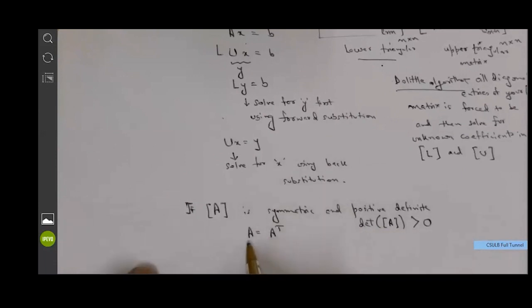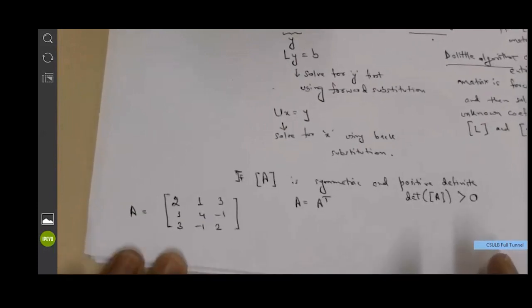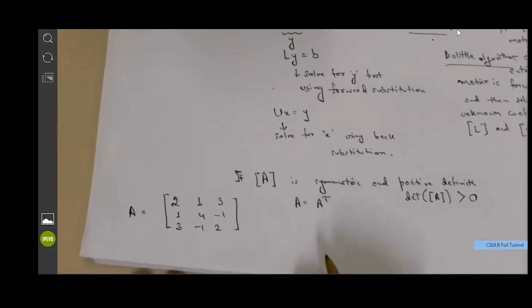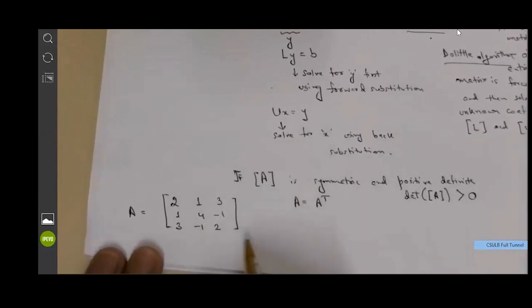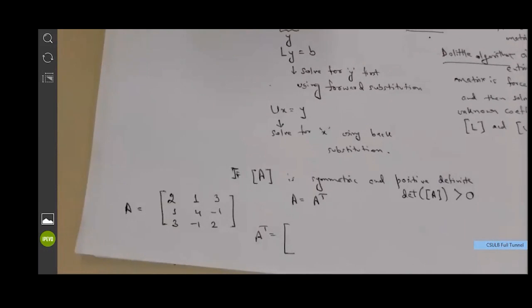If we do that, for example, if I take this matrix 2, 1, 3, so let's say this is my A matrix. Now, is this matrix symmetric? Yes? No? So what will be A transpose? Can somebody tell me what will be A transpose? Let me ask a student from the class here. How about Payam?